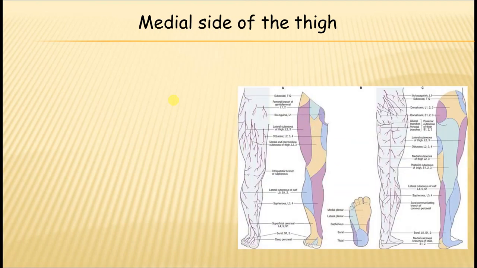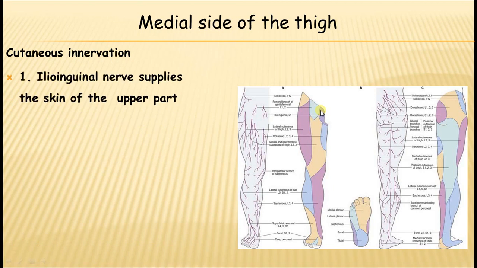Now coming to the medial side of the thigh, here you are able to see the medial side of the thigh, this part. Mainly the cutaneous innervation: the upper medial side of the thigh is going to be supplied by the ilioinguinal nerve, and more laterally, as we have seen, it is by the femoral branch of the genitofemoral nerve, the front of the thigh along the skin covering the femoral triangle.